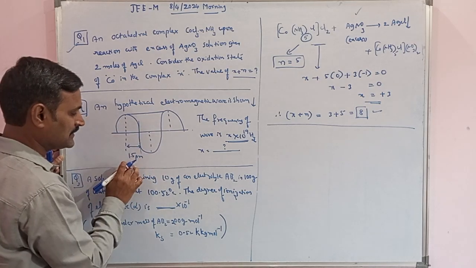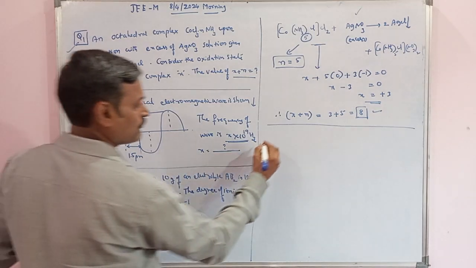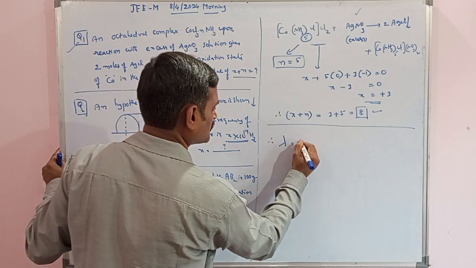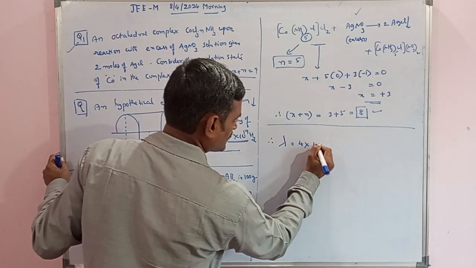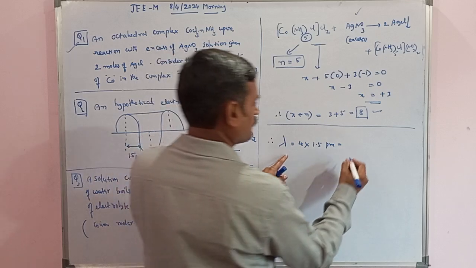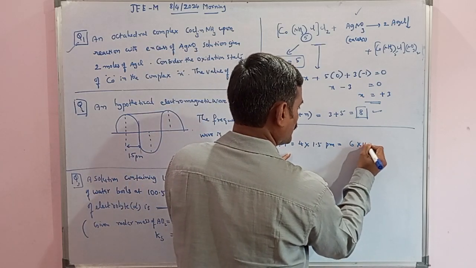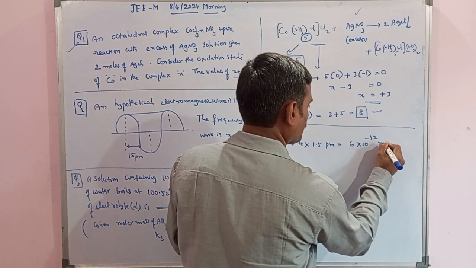So lambda is 4 into 1.5 picometers, that is 6 picometers. 6 into 1 picometer equals 10 to the power of minus 12 meters.